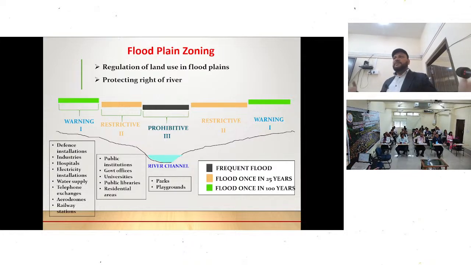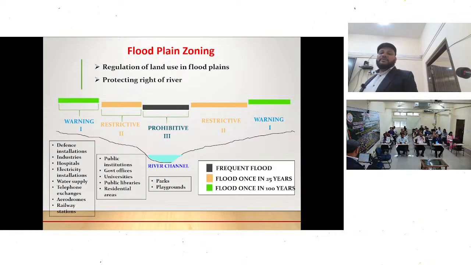The whole floodplain zoning has to be demarcated, and the state government has to pass it, because controlling and managing flood, as per the constitution, comes under the 7th schedule, the state list. That's why the floodplain zoning act has to be enacted by the state government.